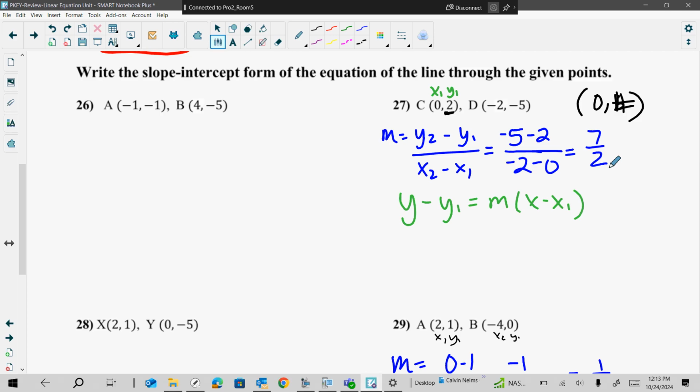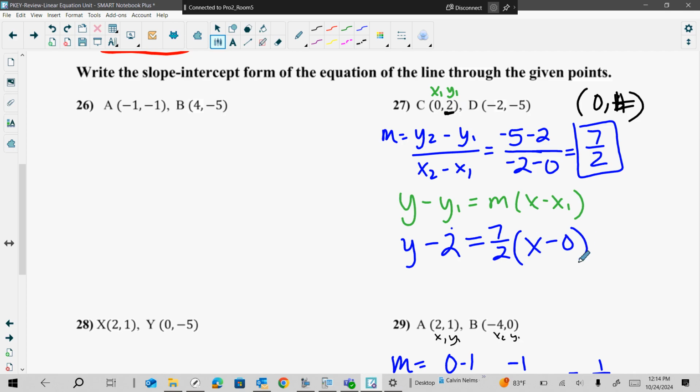All right, now we're just gonna put it in point slope form. Point slope form means I'm gonna have y minus the y1, which is 2, equals my m, which is the 7/2, parentheses x minus x1, which is 0.